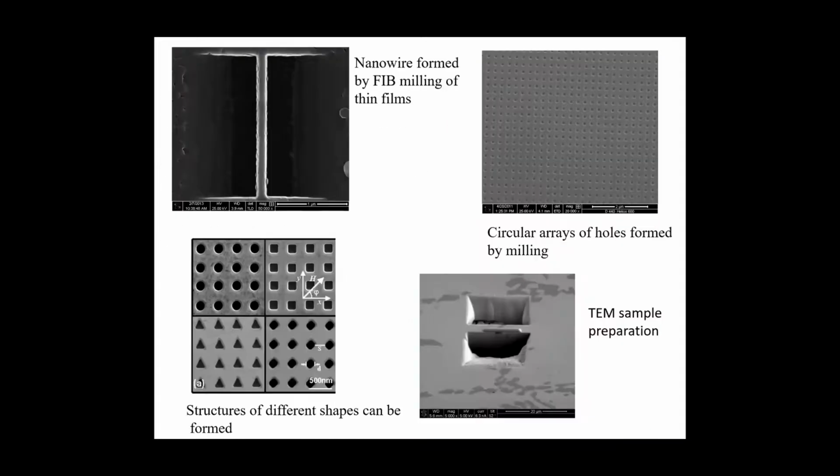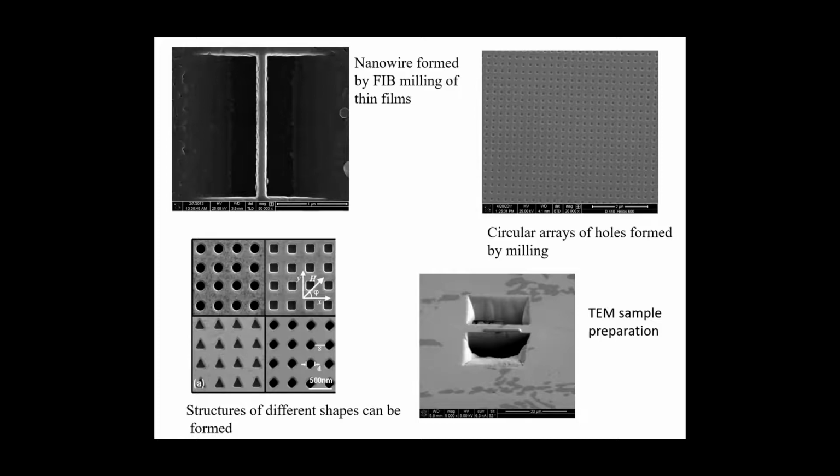You can see here I have done some ion milling in various applications. Here you can see a nanowire has been made. This nanowire was below 100 nanometer in width, made using ion milling.